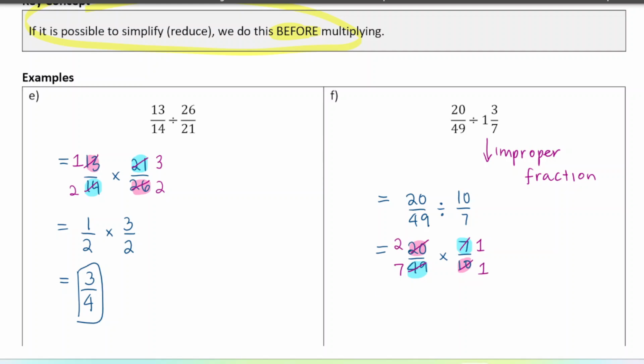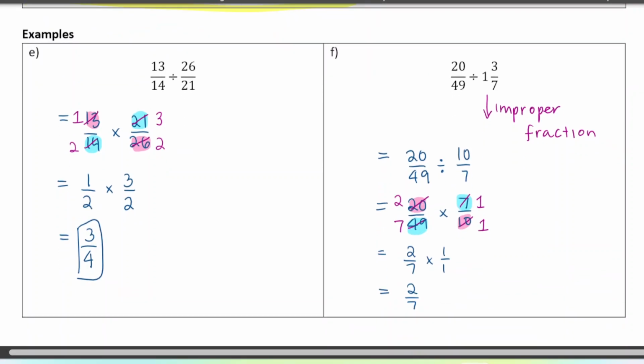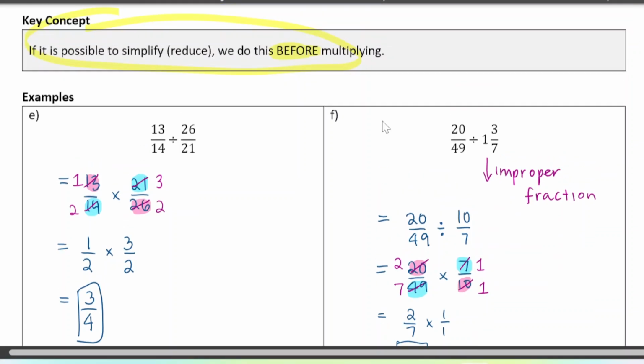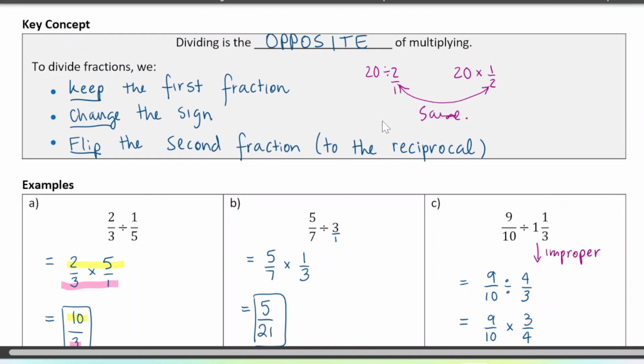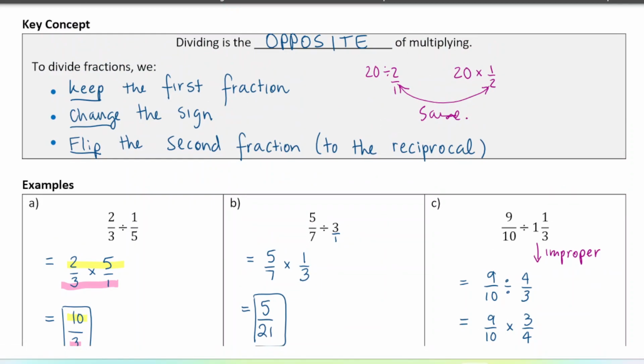So really what I'm multiplying here is 2 over 7 times 1 over 1, which is 2 over 7. And that's my final answer. So really important to reduce before you multiply. And the little saying to remember for dividing fractions is keep, change, flip.